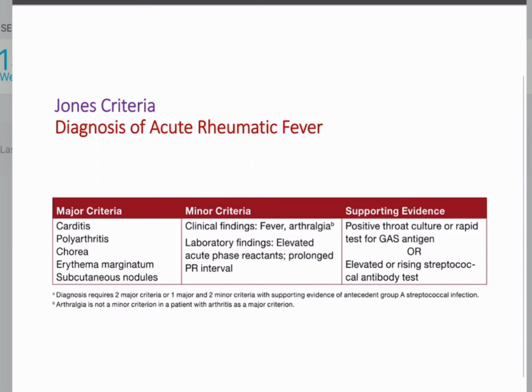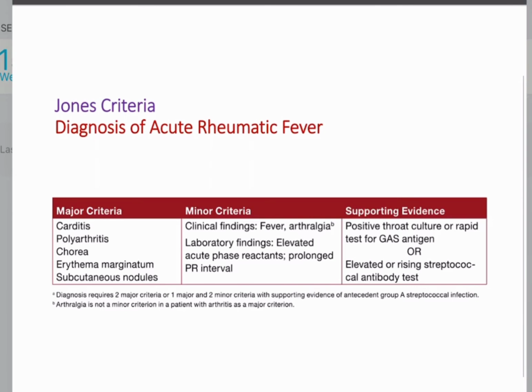Acute phase reactant examples are the C reactive protein or the ESR, erythrocyte sedimentation rate, along with the prolonged PR interval. PR interval is nothing but the interval which you see on the electrocardiogram or ECG.